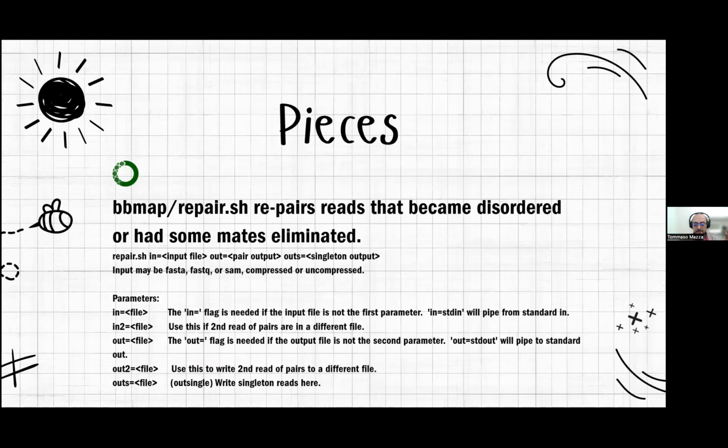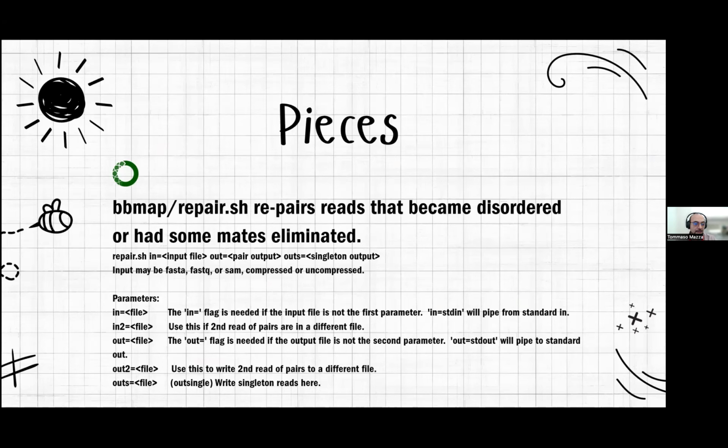So you can gather all these FASTQ files, put them together, and optionally, you can use on this recovered and unified file the BBMap repair tool. What does this tool do? It repairs the reads that became disordered, because since you can also use paired end reads with our pipeline, you can lose one read in R1.